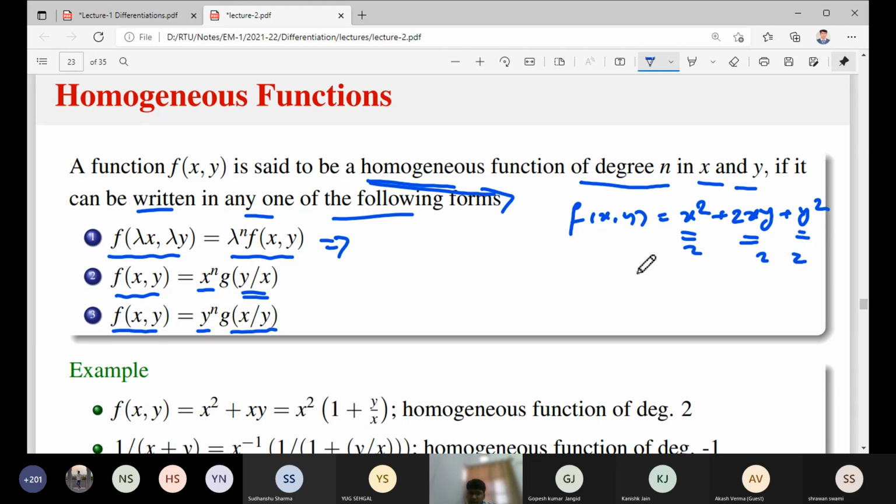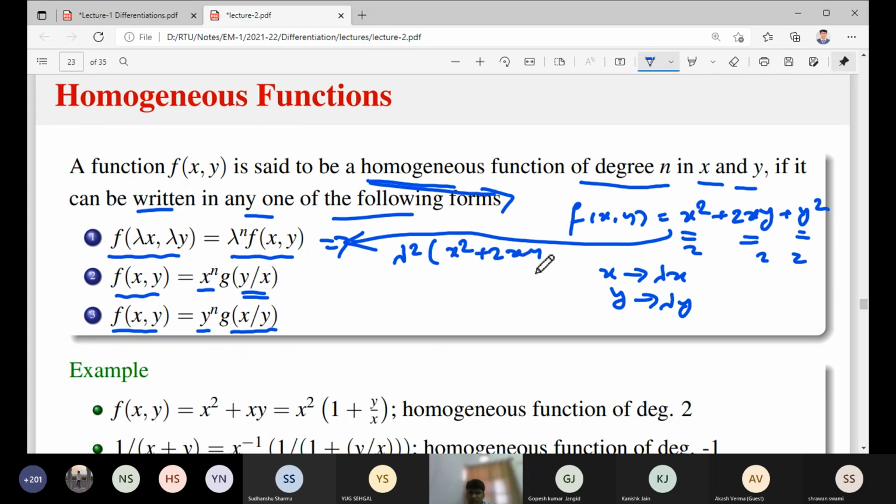Right? So if you put x equals lambda x and y equals lambda y, then your function will be in this form. It means your function will be lambda square times x square plus 2xy plus y square. Right? If you put x equals lambda x and y equals lambda y here.